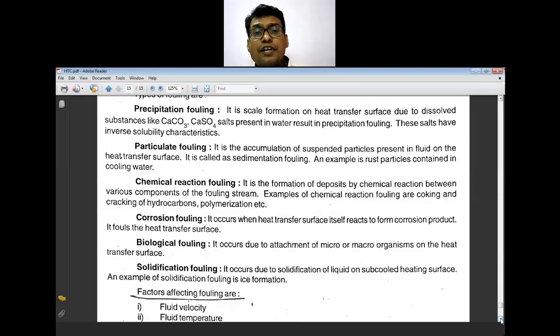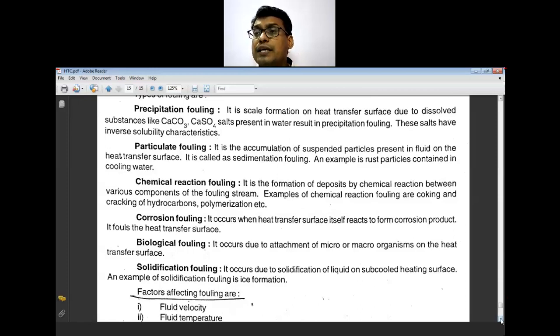These salts have inherently soluble characteristics. At a higher velocity, there is less deposition of these salts. So turbulence and higher velocities are going to reduce this precipitation fouling. Then there is particulate fouling.